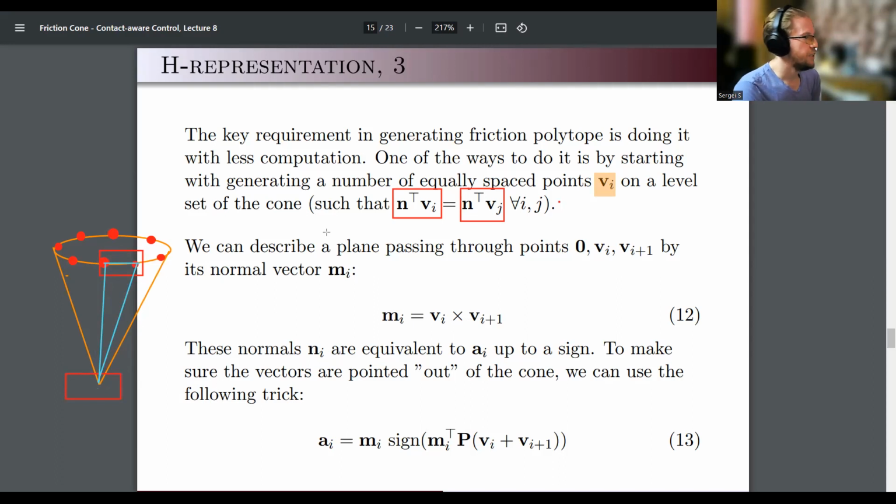We can describe this plane by its normal vector, its normal vector m sub i. And how do we find this m sub i? Well, we know 2 vectors on this plane: the vector from 0 to v sub i and from 0 to v sub i plus 1. How do you find the normal to the plane? The cross product of those 2 vectors gives us a third, which is normal to them. Since it is normal to 2 vectors on the 2D plane in 3D space, it will be normal to all of the other vectors on this plane.